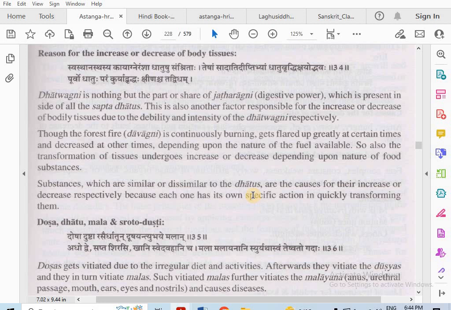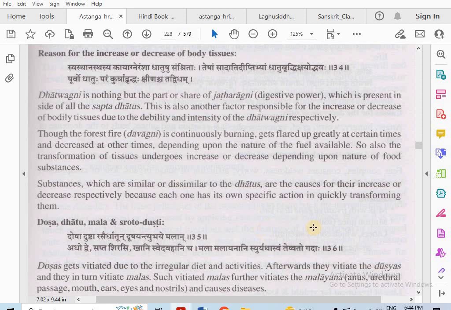Sometimes we eat a substance that has the same quality as one of the dhatus. So that also can be one cause of their increase or decrease. Accordingly, increase and decrease of dhatus can occur.